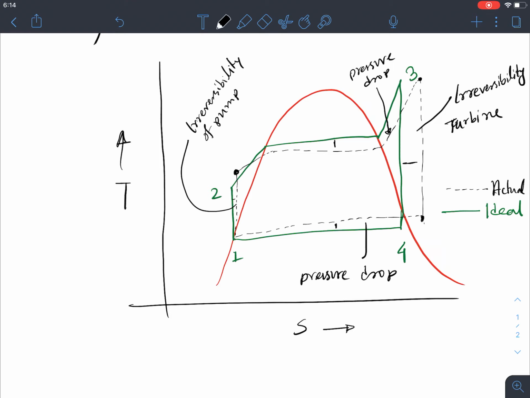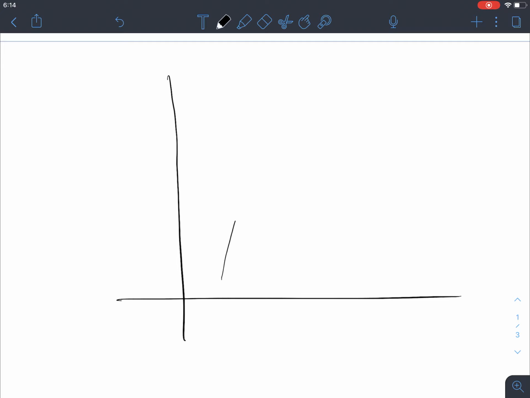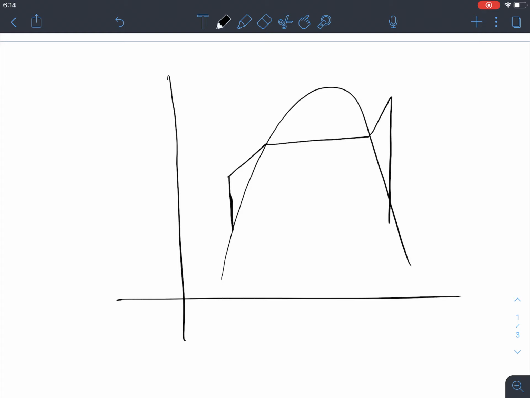Anyway, let's take a look at the actual TS diagram. If we are to draw it, what would it look like? This is the saturation dome, and the ideal case would be something like this, so this would be 1, 2, 3, 4.